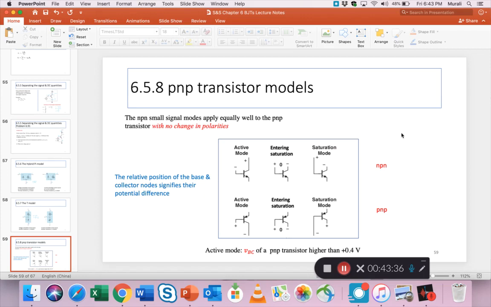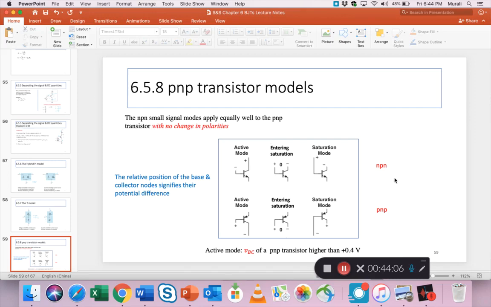With the NPN, the forward biased emitter base junction, and the reverse biased collector base junction, right? Same thing here with the PNP, you still need the forward bias and the reverse bias, but obviously the sign of the batteries have to switch.